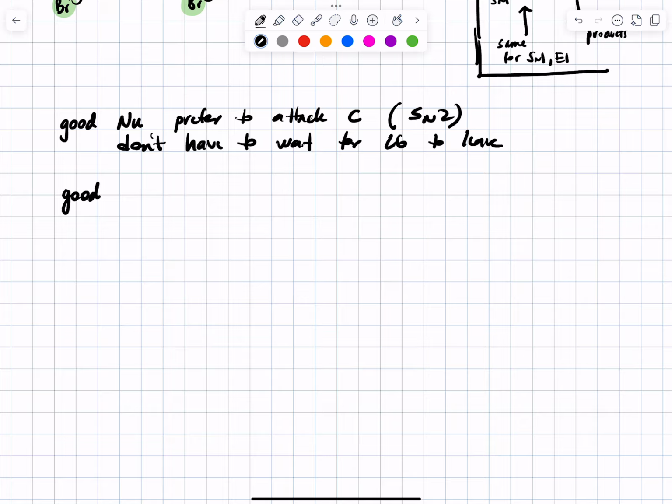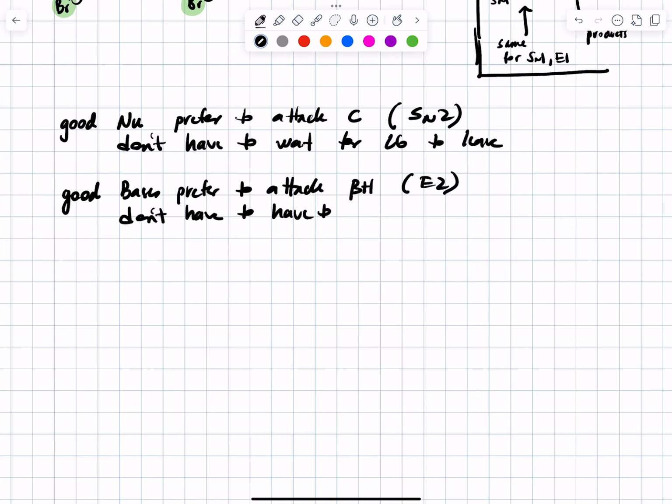Similarly, we will see that good bases prefer to attack the beta hydrogen, and so they're going to prefer E2 because good bases don't have to wait for the leaving group to leave.